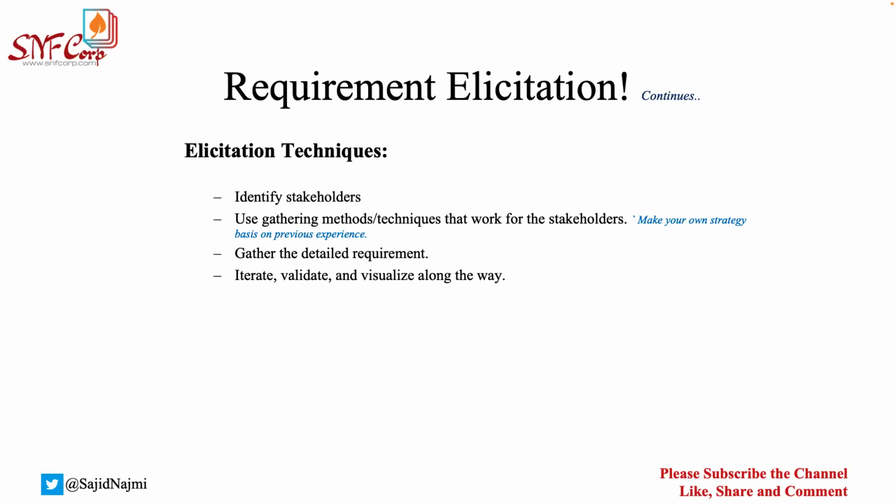You have to find out what technique to use with this person or that person or the whole group of stakeholders. This will probably come from your previous experience on this project. You have dealt with a lot of stakeholders within the project, and you have studied a lot of documents. Now you would probably know that person A is very high in power and very high in interest, so I have have to keep them informed or monitor them very closely.